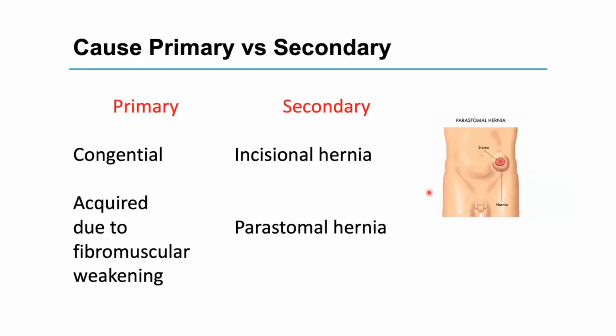So going back to thinking about causes, primary versus secondary hernia. Primary is either congenital or acquired, and in most hernias, for instance in the groin area, this is what we'll see. It's acquired due to fibromuscular weakening. Why that happens, we're not really sure.